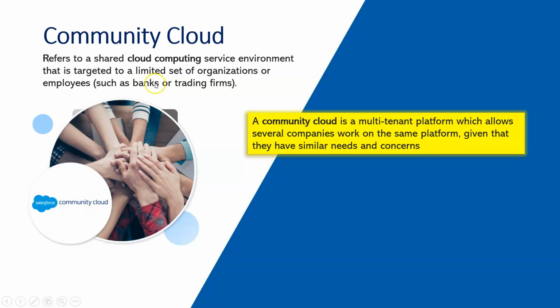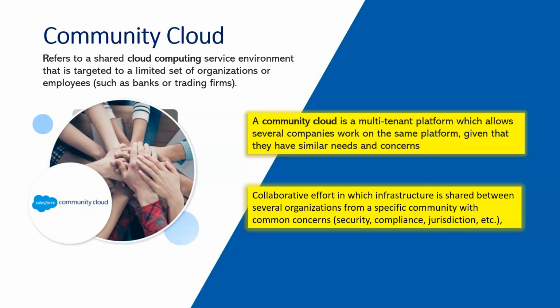So as I said earlier, like banks, all the banks can make use of a dedicated set of resources for their own purpose because they have the same needs. So it is a collaborative effort in which infrastructure is shared between several organizations from a specific community with common concerns like security, compliance, jurisdiction. The only concern about community cloud is that you are not supposed to store sensitive and business critical information on community cloud. Why? Because you are going to share the resources with other partners as well.